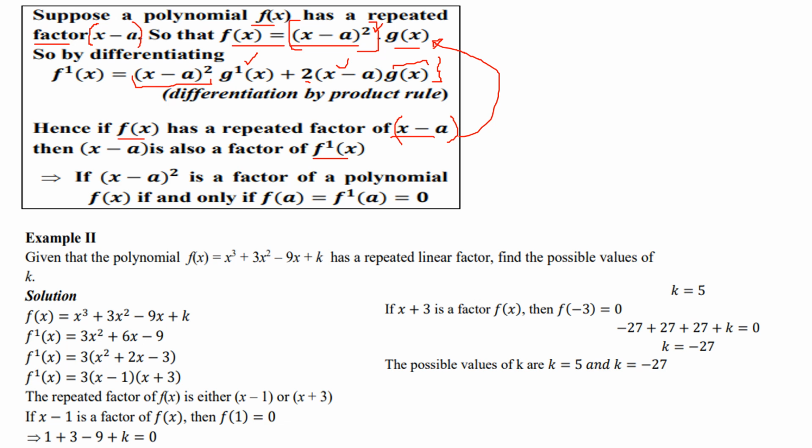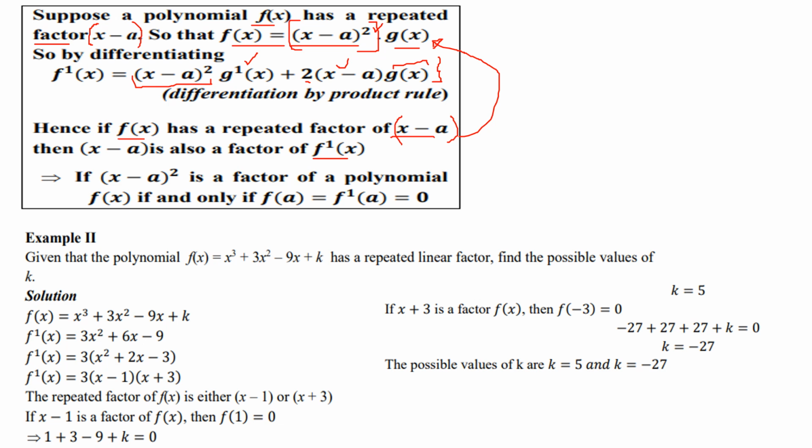For any repeated factor on the polynomial, just know that the factor satisfies both the polynomial and its derivative.